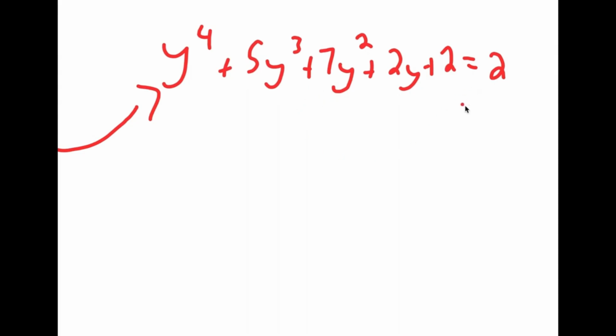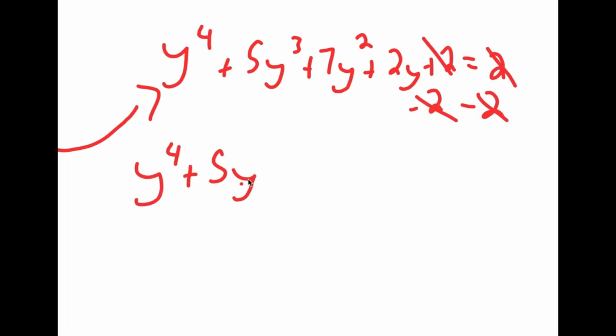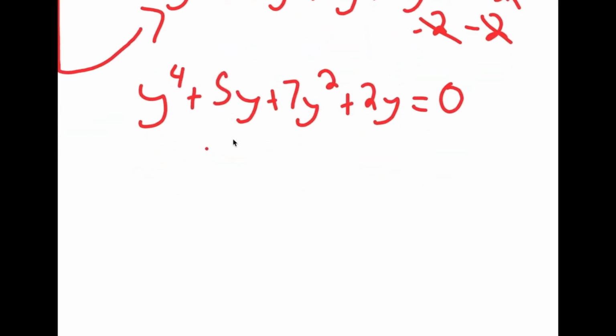And now, if I subtract 2 on both sides, these two cancel out, and I get y^4 + 5y^3 + 7y^2 + 2y = 0. Now from here, I'm going to factor out the greatest common factor from my left-hand side, which is y.